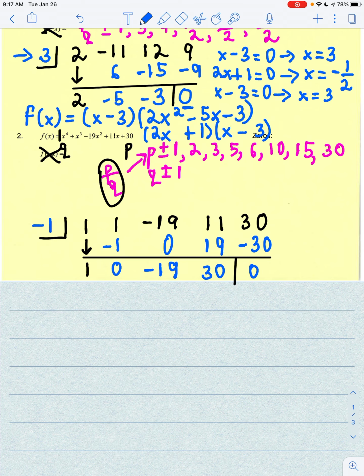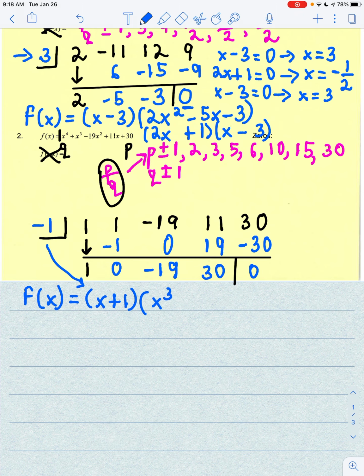That means that the coefficients I got are giving me the cubic level. In fact, I could write it. This means it factors into x plus 1. That's from this 0. That worked. And then the coefficients are 1 degree less. So it's 1x cubed.